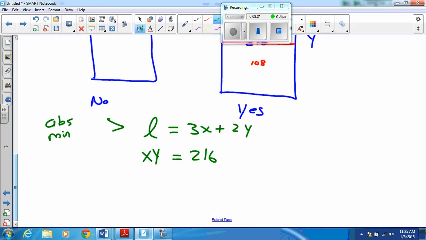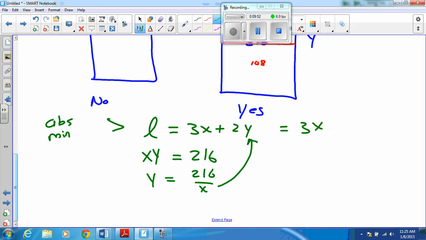And so because I have an equation, a relationship between x and y, I can now substitute for y or for x by solving for y or x and plugging into my length right here.